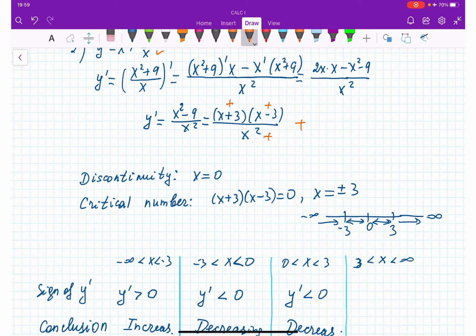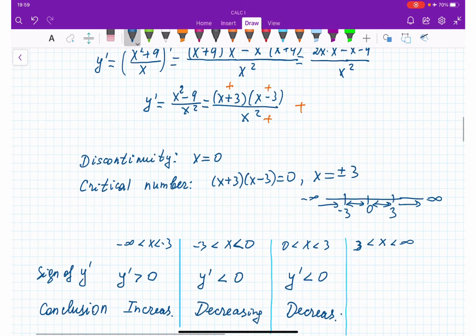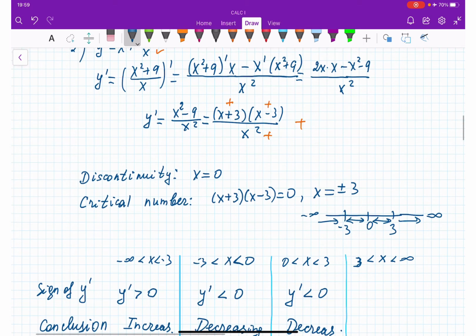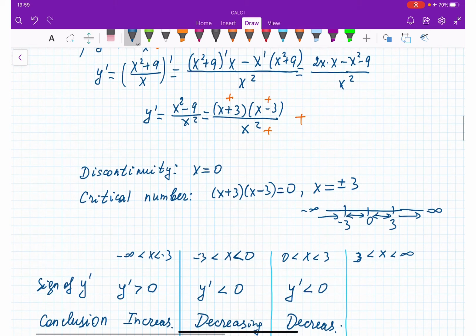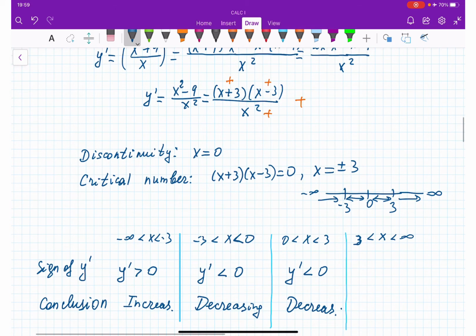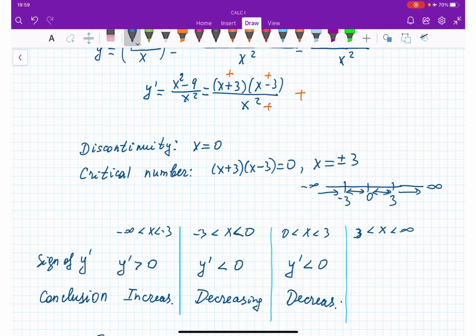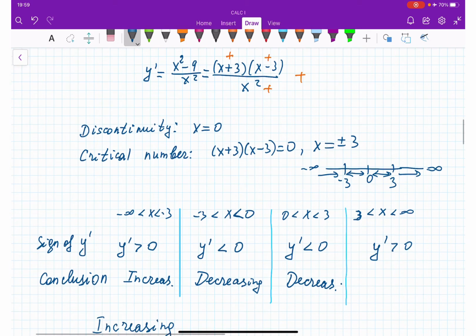So the answer is going to be positive, which means between 3 and infinity, yes, it's going to be increasing. So y prime is going to be greater than 0 and increasing.